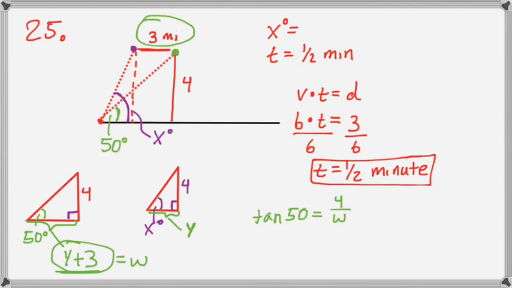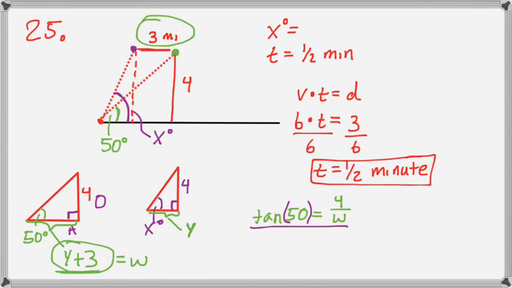I'm going to call y plus 3 w. If I'm trying to find w, I've got my opposite side here, my adjacent side here, and so I can set up tan 50 degrees is equal to 4 over w.